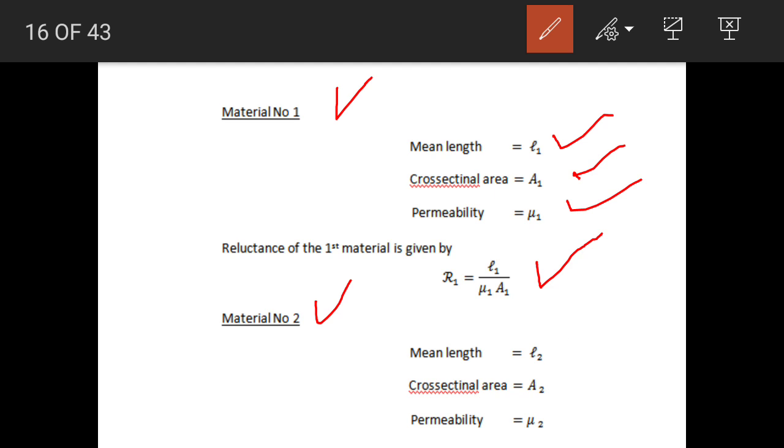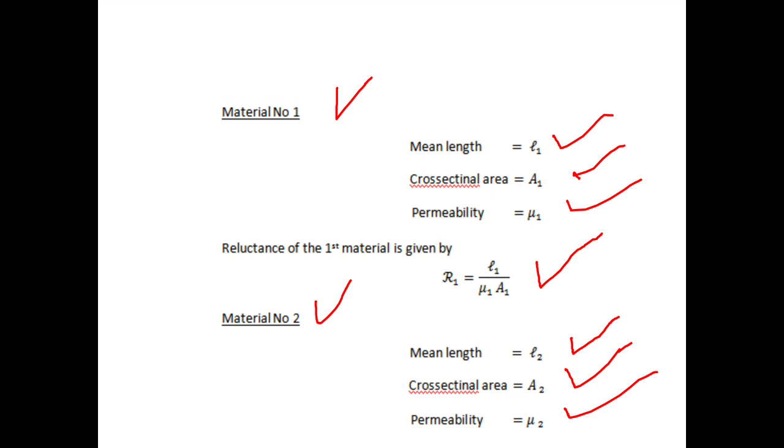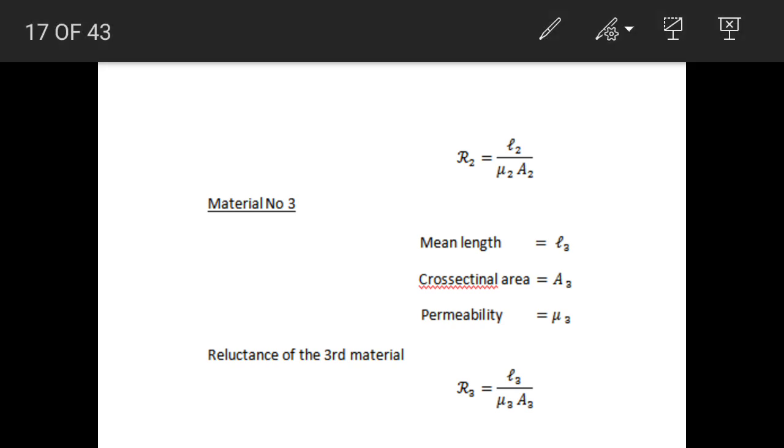We assume that the mean length of the air gap is L2, the effective area of the air gap is A2, and the permeability of the air gap is mu2. If we know these three quantities, we can calculate the reluctance of the gap, and the reluctance of the air gap will be equal to L2 over mu2 A2.